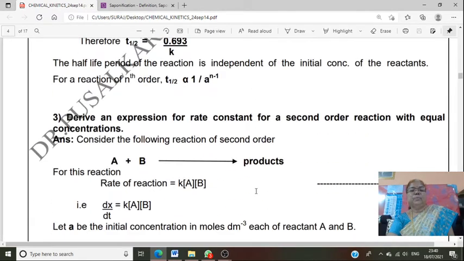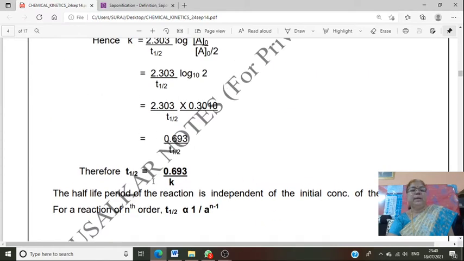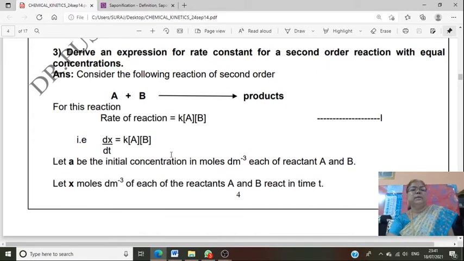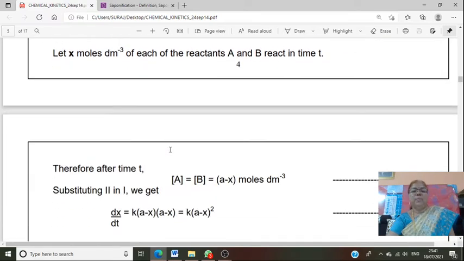Then you have studied the characteristics of first order reaction. The half-life time of the first order reaction is given by 0.693 divided by k, where k is the velocity constant. Then you have learned the derivation of velocity constant k for a second order reaction with equal initial concentration, and you have derived the formula.